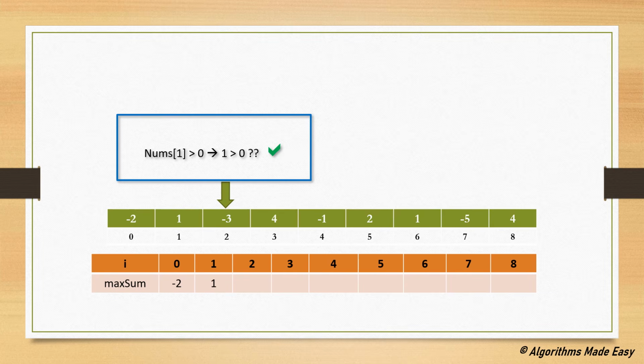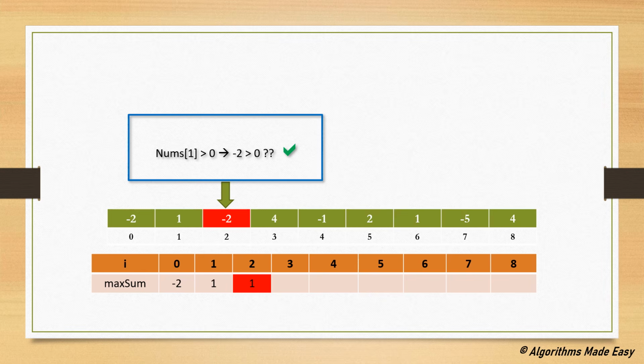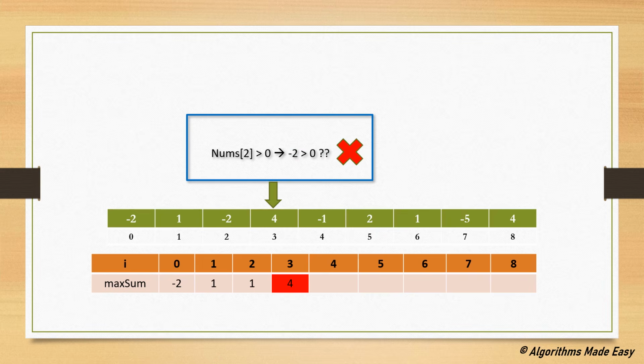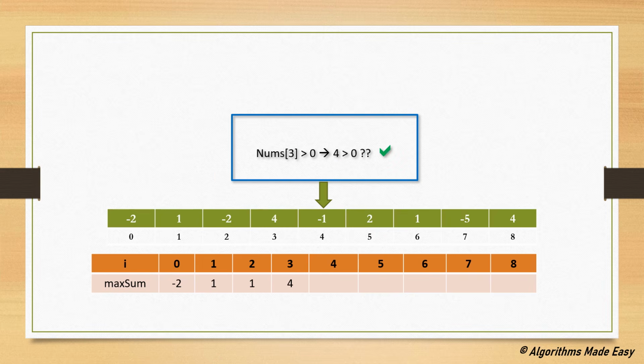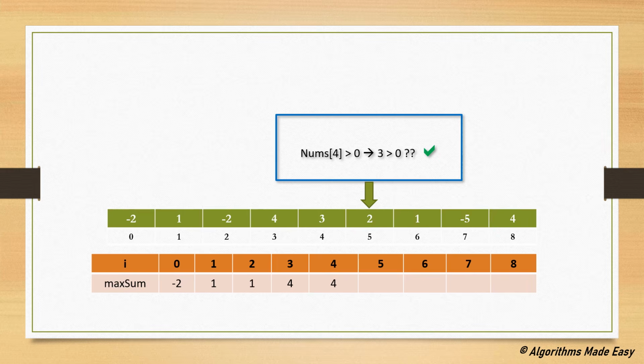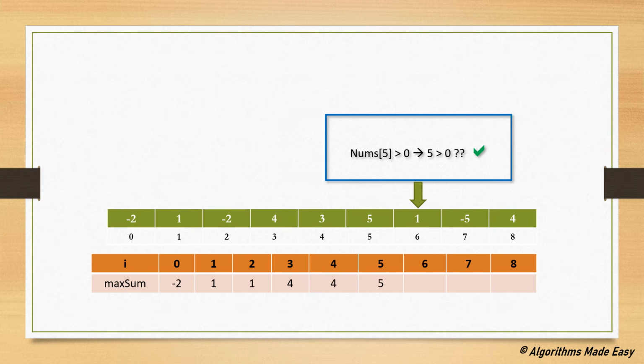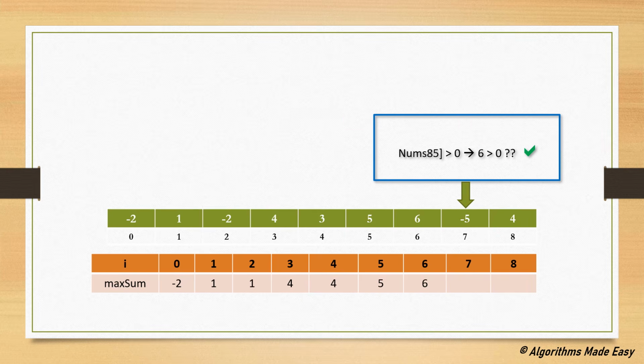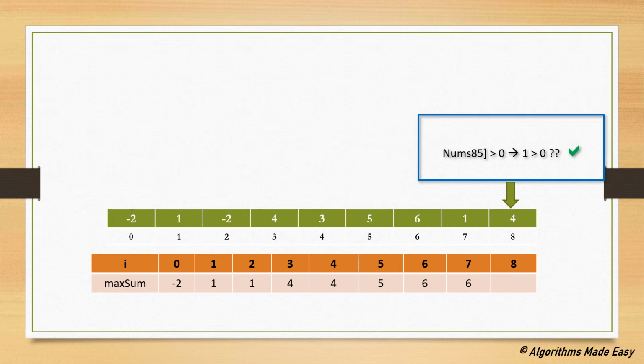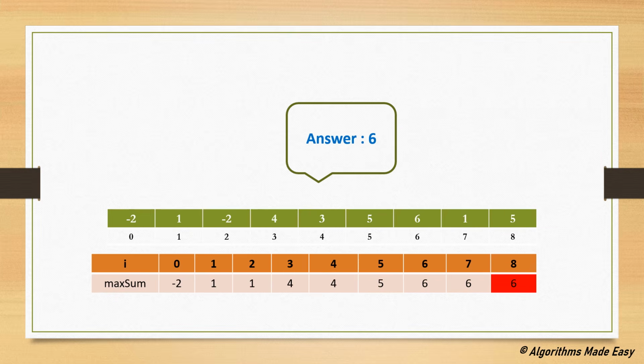Moving forward, we will update the input array and the max sum using the same approach. The value in max sum is our result, which is 6.